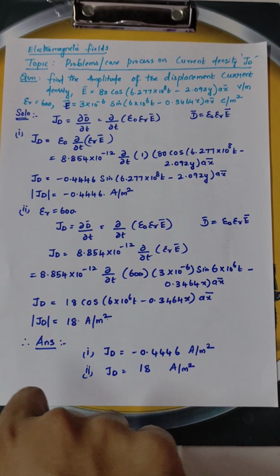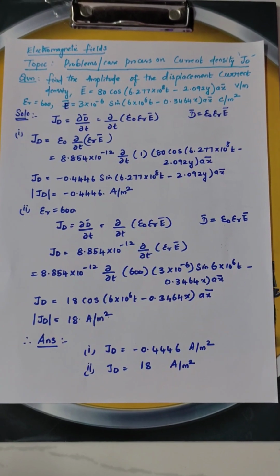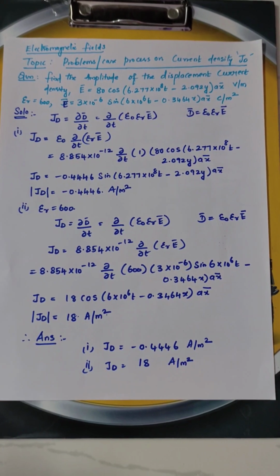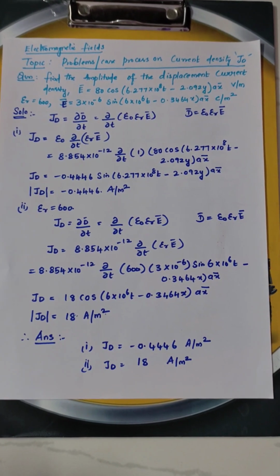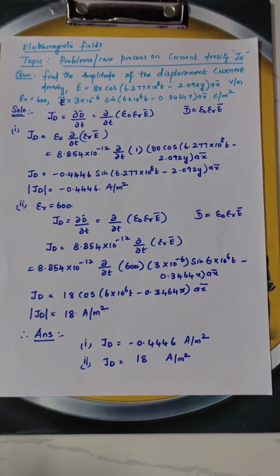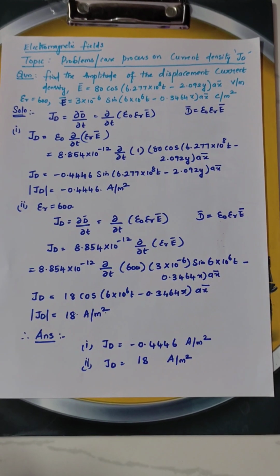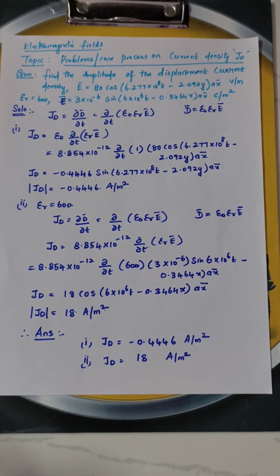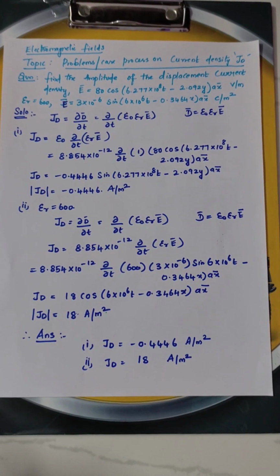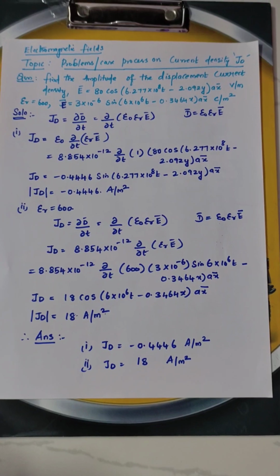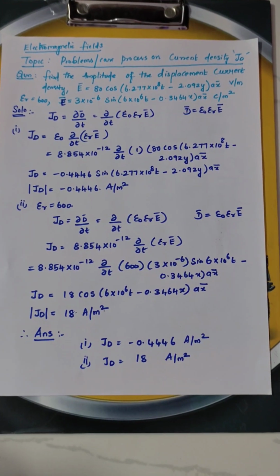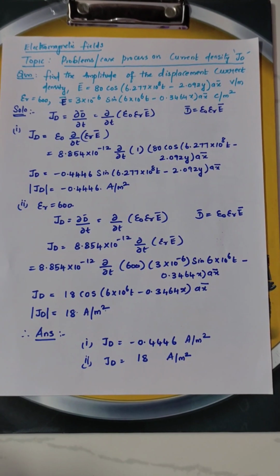Displacement current density. Question: find the amplitude of the displacement current density for E vector equal to 80 cos of (6.22277 into 10 power 80 minus 2.092 y) ax vector volt per meter. Epsilon r, the relative permittivity, is equal to 600.